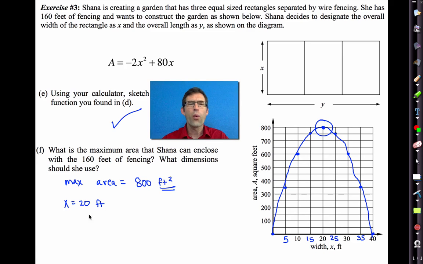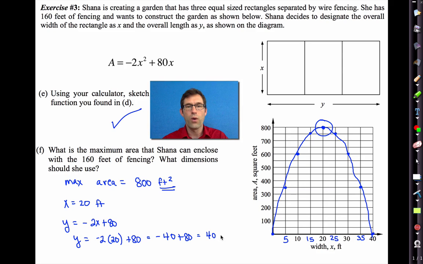All right, but what I don't know is y. And yet, we had an equation on the other side of the sheet that said y was equal to negative 2x plus 80. Remember that? So, if I know that x is 20, then I can find negative 40 plus 80, and I can find that y is 40 feet.